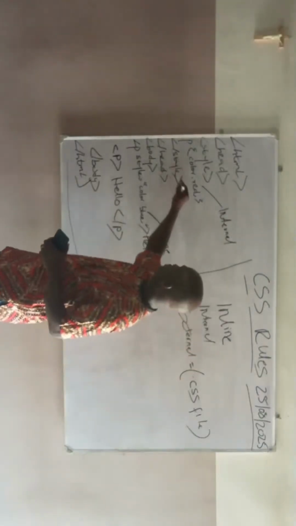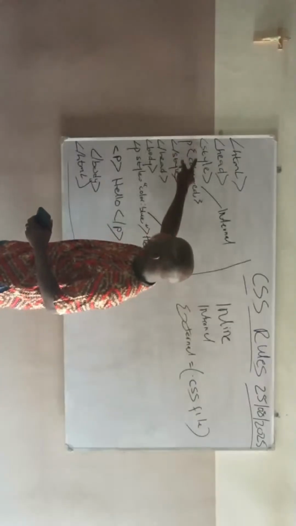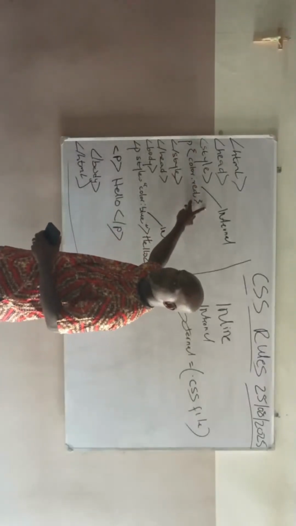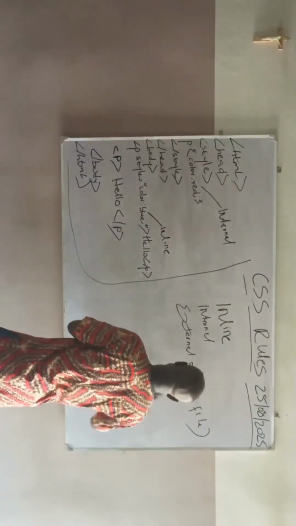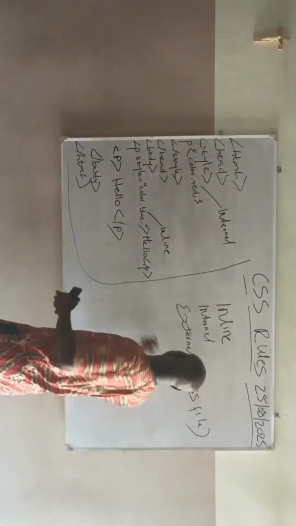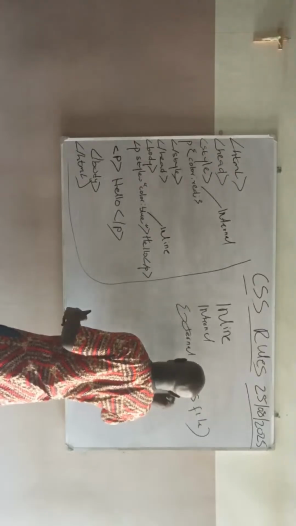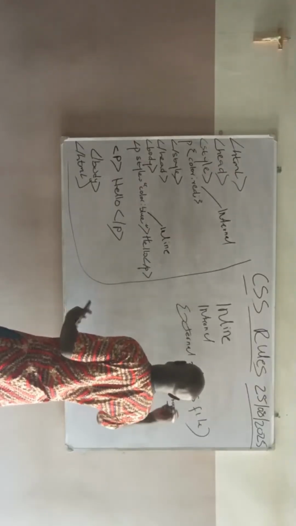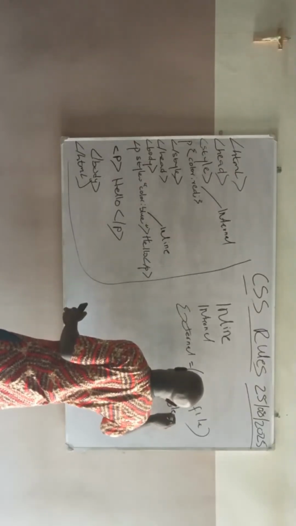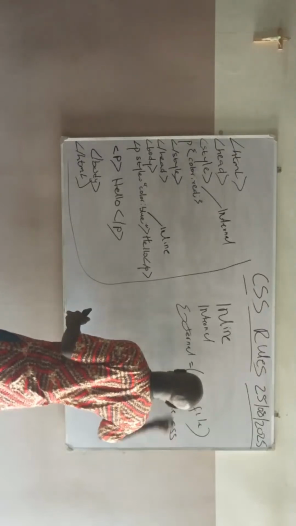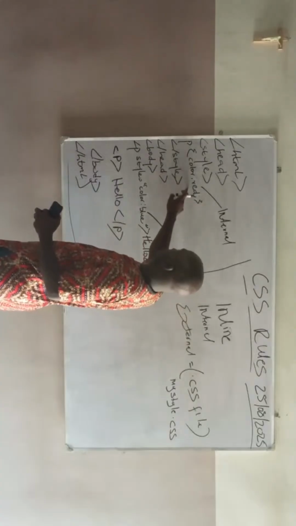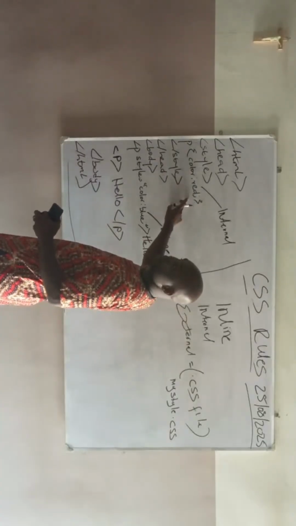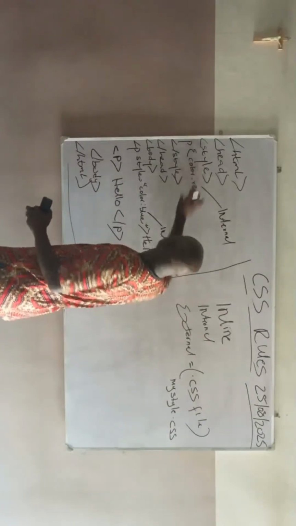Maybe I can carry this P color red, save it in that file and name it my styles dot CSS. You complete this P rule, this rule here now.